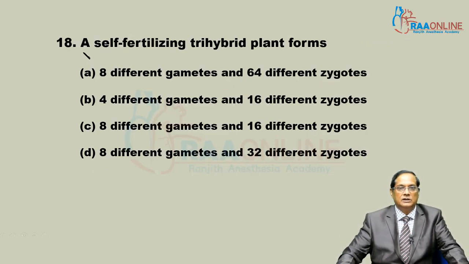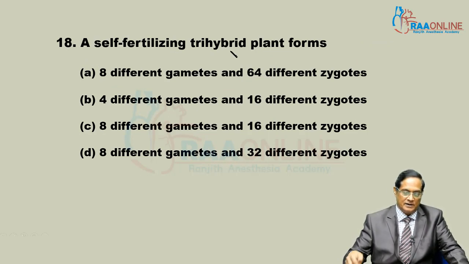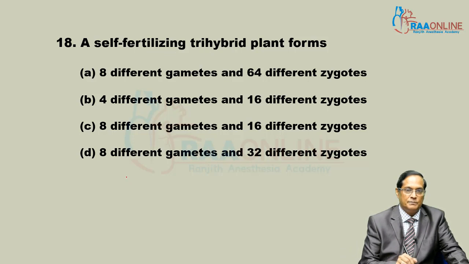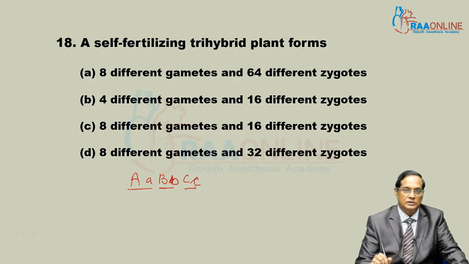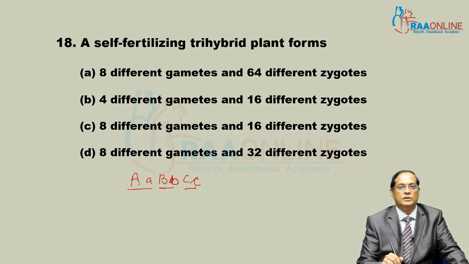18th question. A self-fertilizing trihybrid plant, that is capital A, small a, capital B, small b, capital C, small c. This plant is trihybrid. There is a shortcut to know the types of phenotype and types of genotype in the F2 generation.